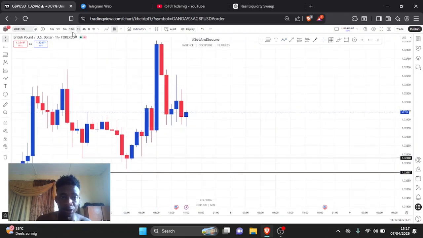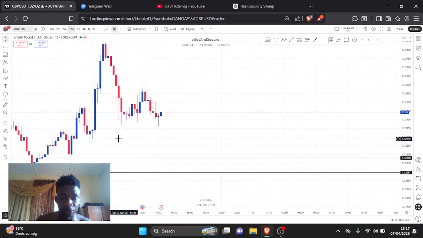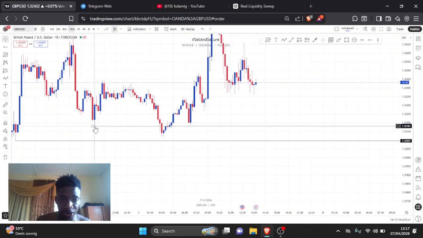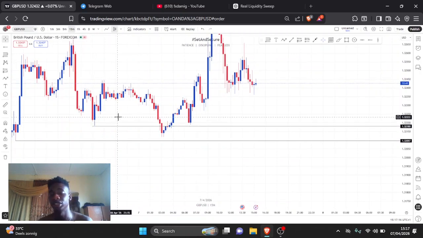If we go down to the 15-minute time frame, the market immediately swept this liquidity. Now, as a trader, in my strategy we are not trying to force the liquidity on the market. We want to wait and see how the market reacts off of that liquidity point. If it reacts well, we know that liquidity was strong enough.